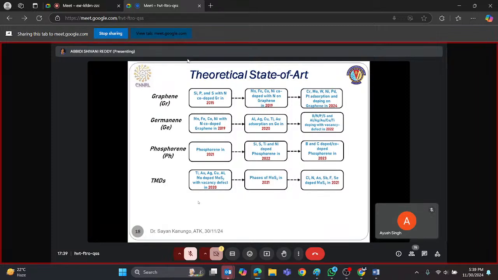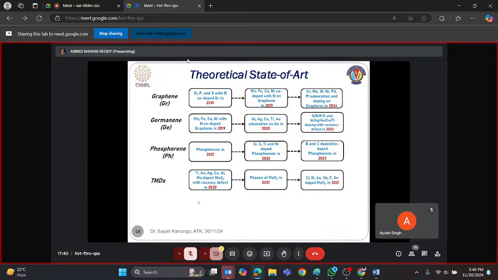TMDs exist in their 2H phase and 1T phase. As we know, Group 4 and Group 6 TMDs exist in both 2H and 1T phase, wherein the 2H phase shows semiconducting nature, whereas the 1T phase shows metallic nature. The metallic nature is particularly exploited for EDL supercapacitor electrode design in recent literature.